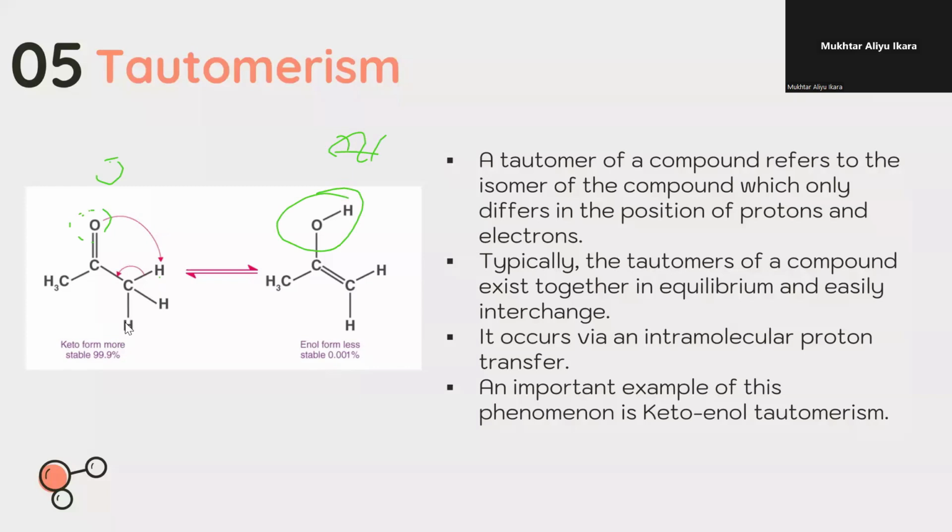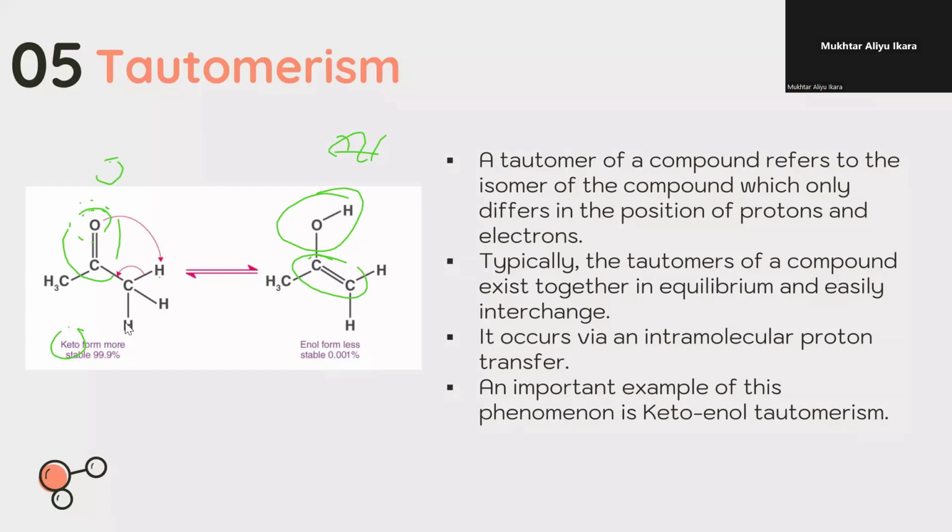Of course, look at it here. This is the keto form, and this one is the enol form, because the double bond is between carbon and oxygen, that is why it is keto, and the double bond is between carbon and carbon, and that is why it is called the enol form.